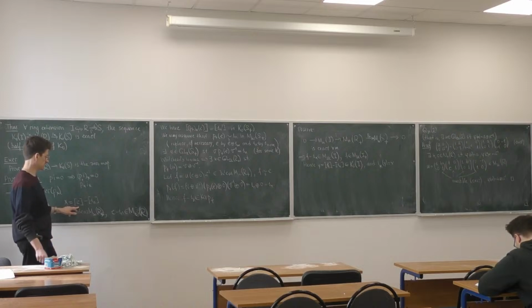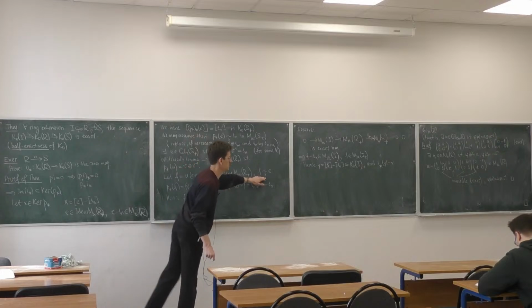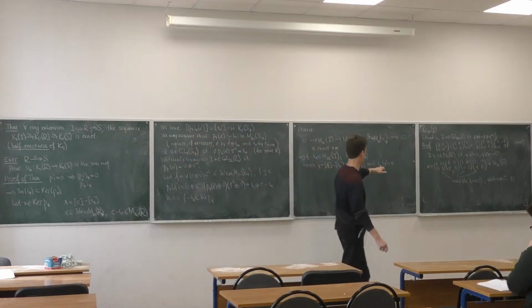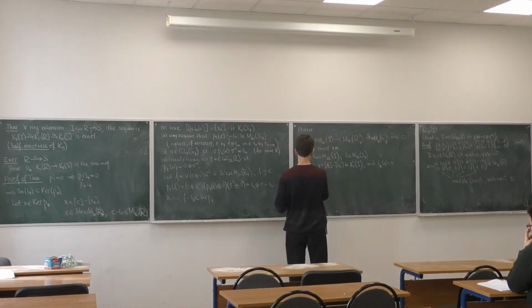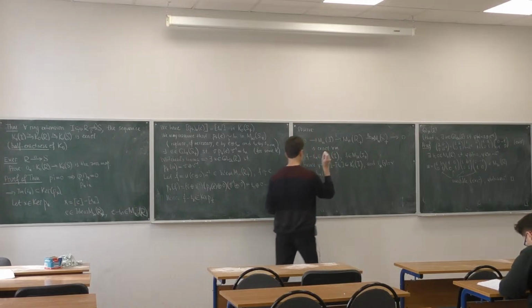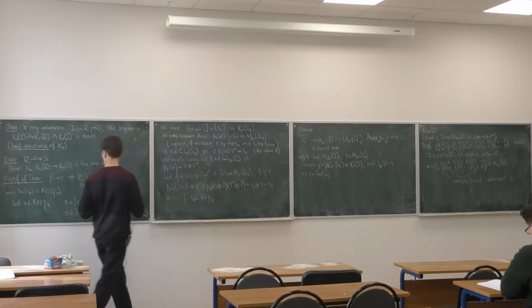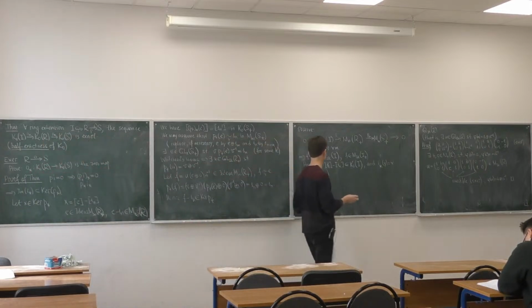So in K0 of R, E equals F because of this, and so Y goes exactly to X. So as a result, we see that X is in the image of I star, and this completes the proof. So the kernel of P star is equal to the image of I star.